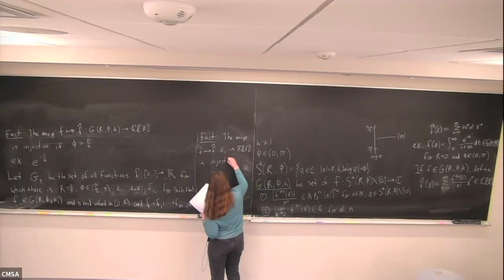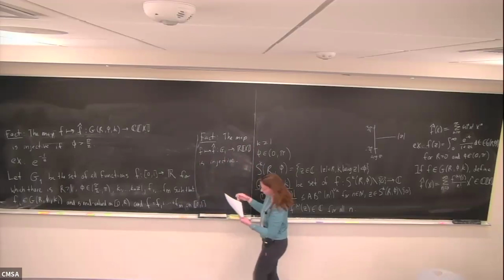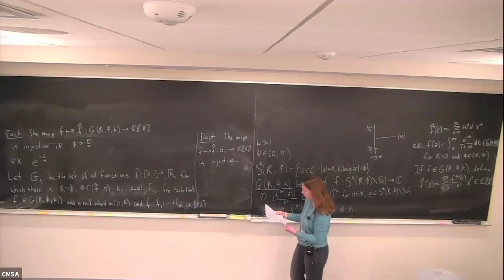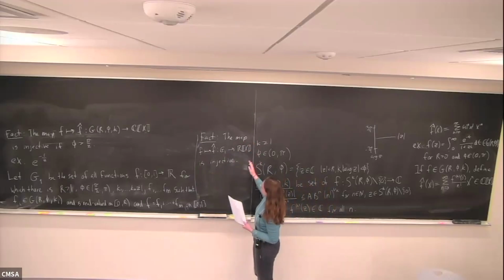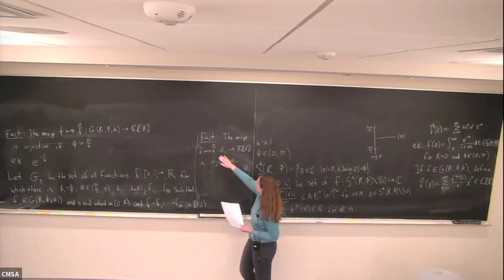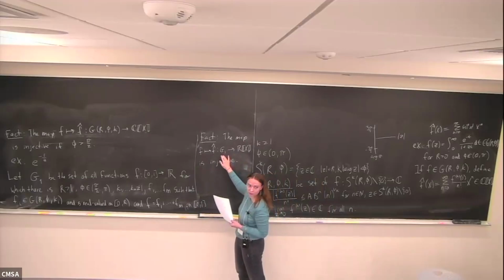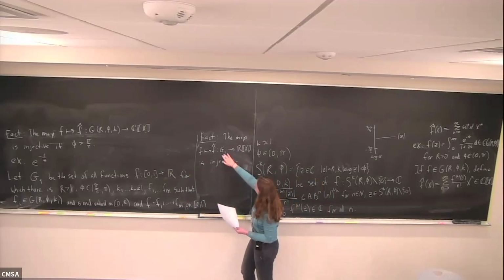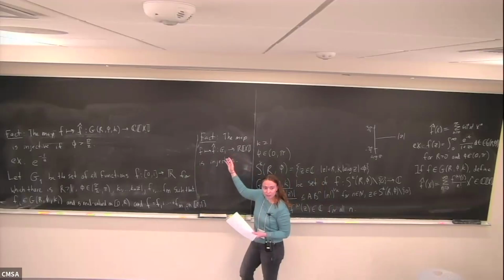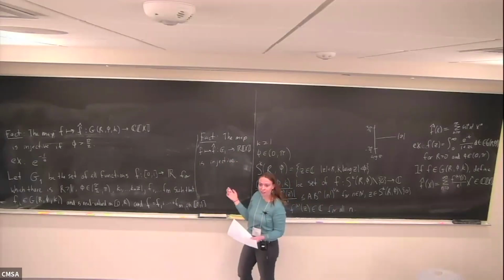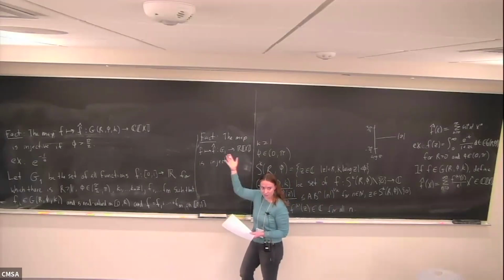And this map is injective. This is important because each asymptotic expansion is associated to at most one function in this collection G1. Like I said, these are single variable functions, and later on I'll tell you about a multivariable generalization of this setup.